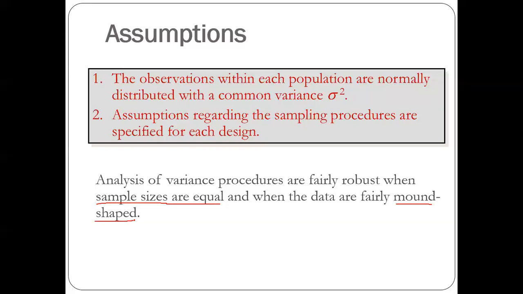And if we have more than two treatment means or more than two groups, then we must use ANOVA, because the z-test and t-test only compare two groups or two treatment means.